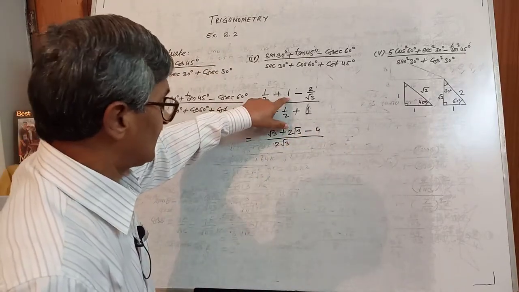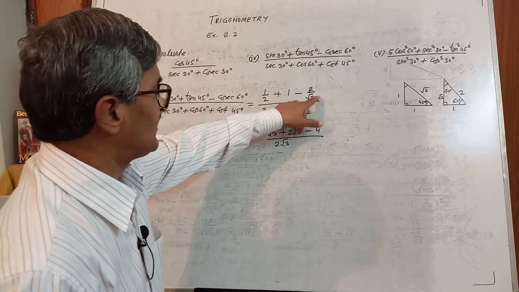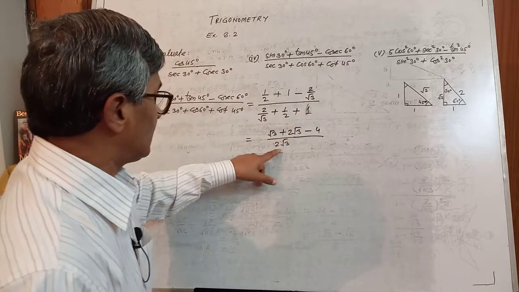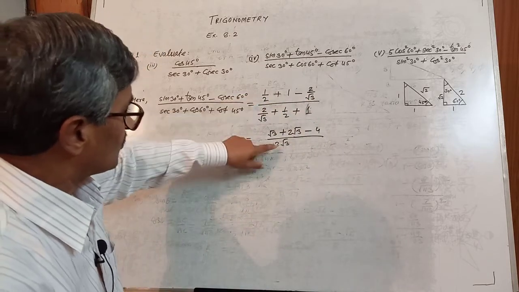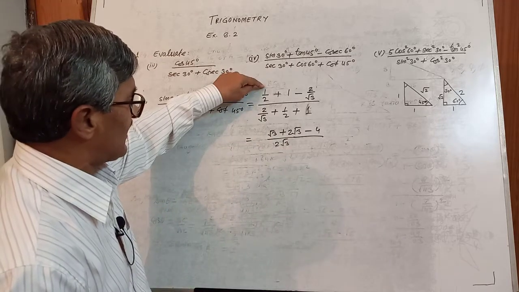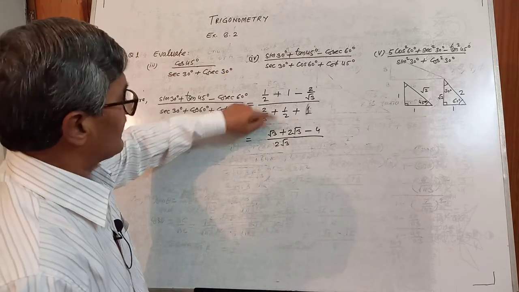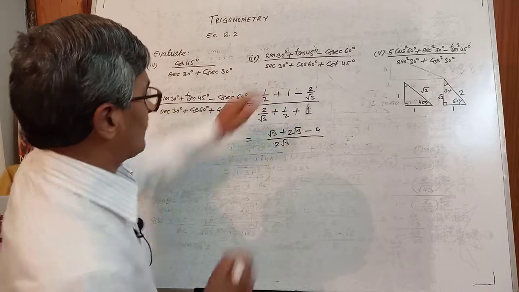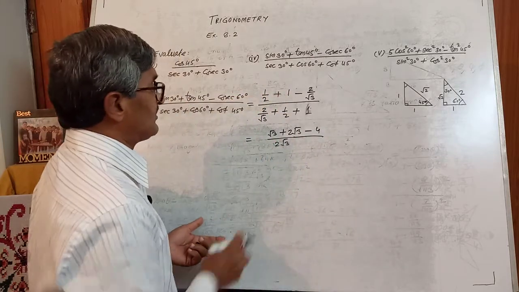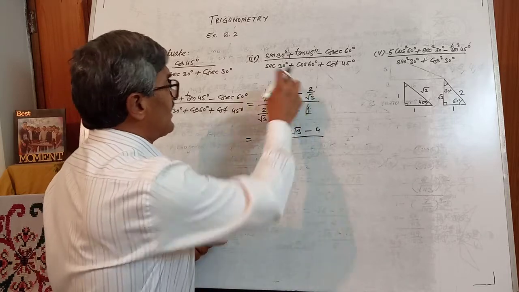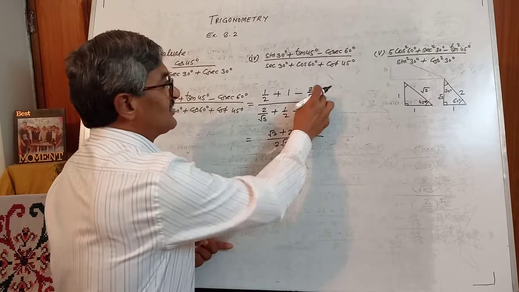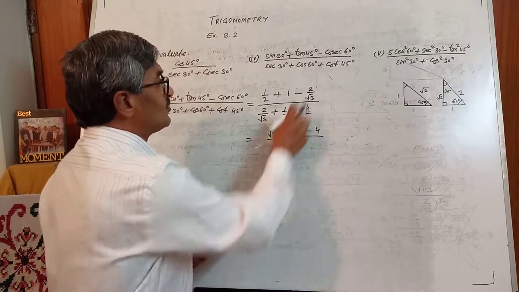Here the denominator is 1 and here the denominator is root 3, so 2 root 3 is the LCM. Dividing by this denominator we get root 3 multiplied by 1 then root 3, and 1 by 1 means this will be the result of the division. So root 3 will be multiplied by 2 root 3, and 2 root 3 divided by 3 gives 2 into 2, 4.